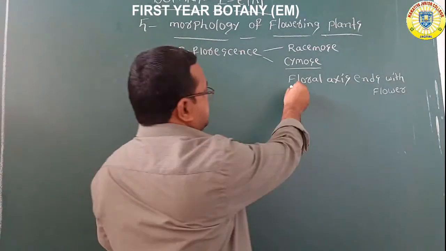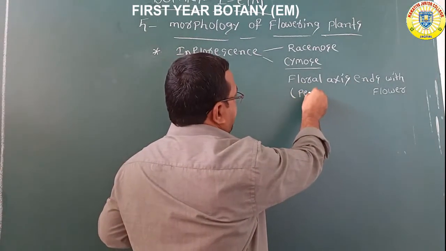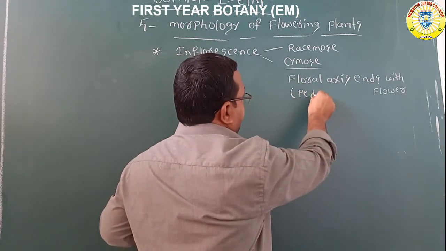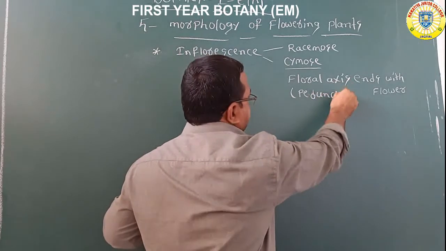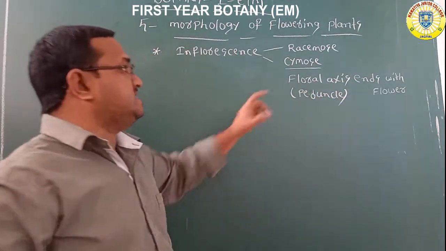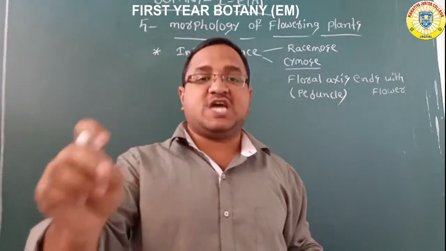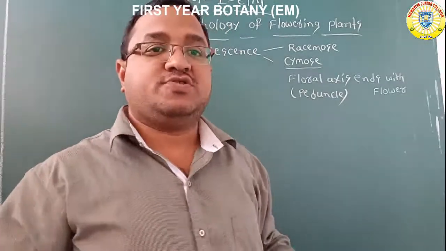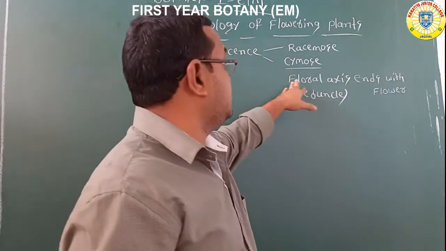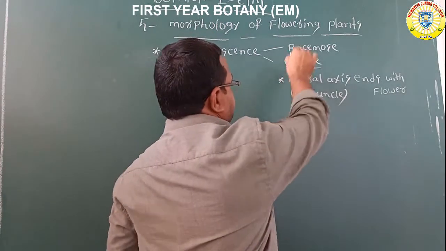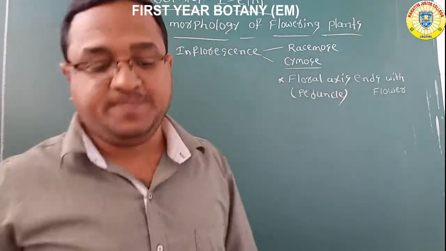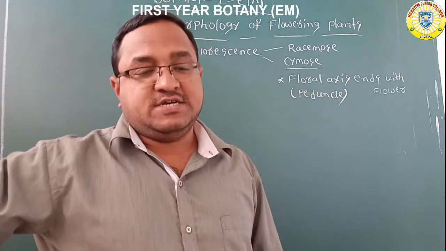What is the floral axis? The peduncle. The floral axis, the peduncle, ends with a flower and can show only limited growth. That type of inflorescence is called cymose inflorescence.